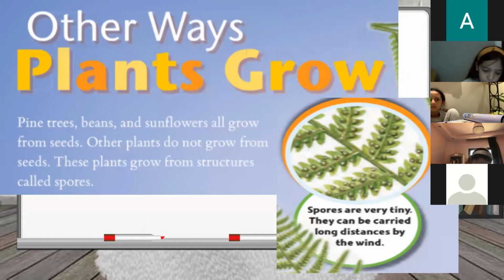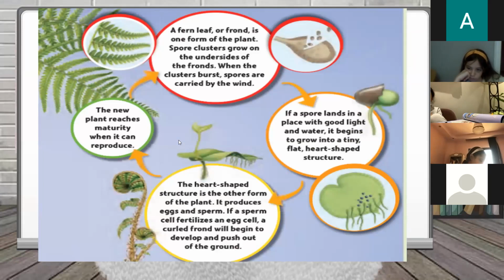The pine trees, the beans, and the sunflowers all grow from seeds. Other plants do not grow from seeds. They grow from spores. This is the spore over here in these leaves. First of all, this is a fern leaf.